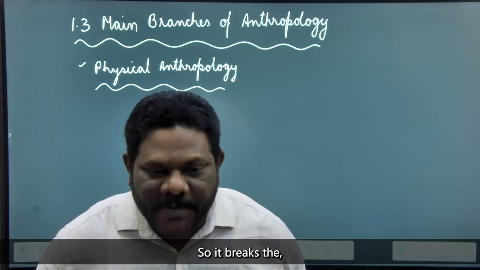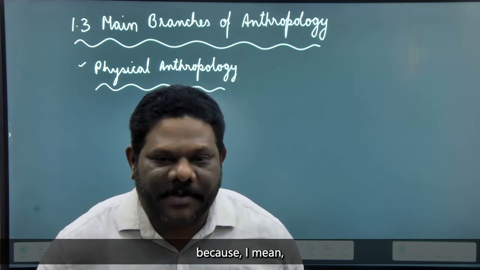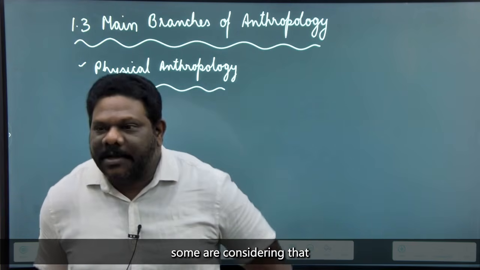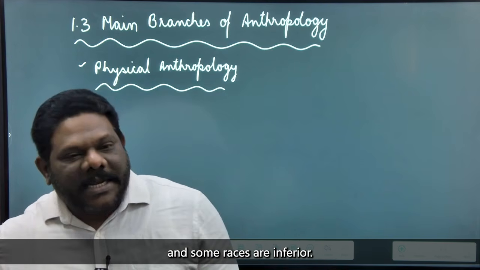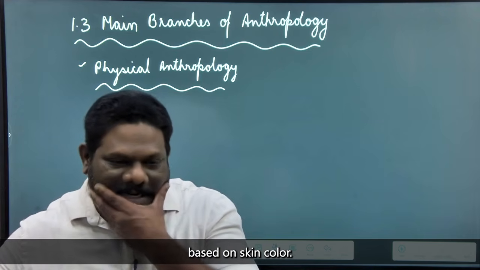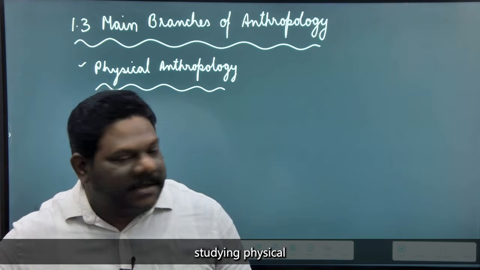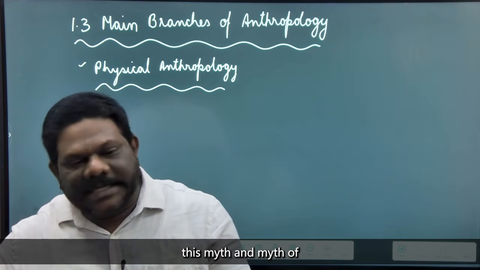So it breaks the myth of race and racism, because earlier some people were considering that some races are superior and some races are inferior. That is discrimination based on skin color, and that is what is racism. So studying physical anthropology breaks this myth of race and racism.